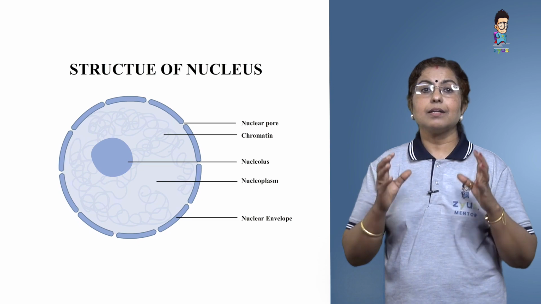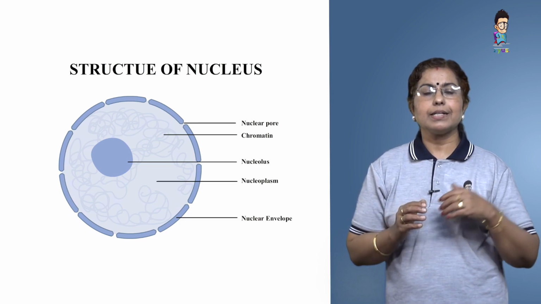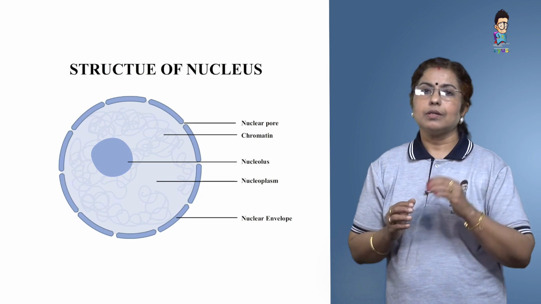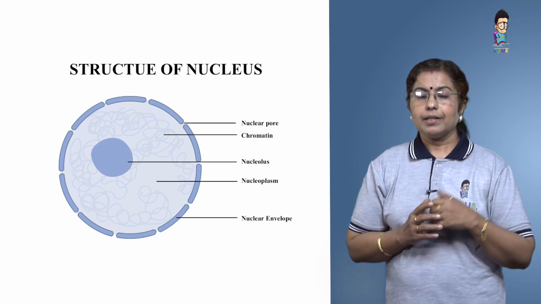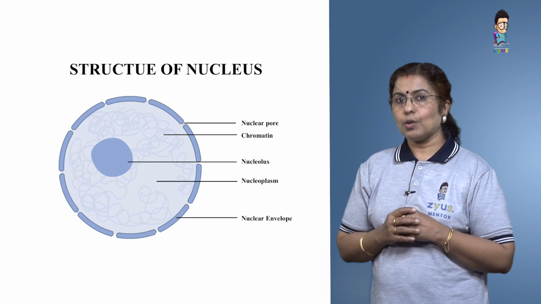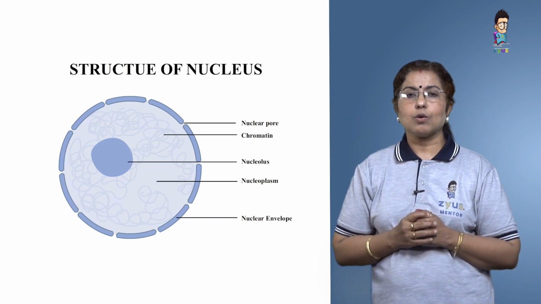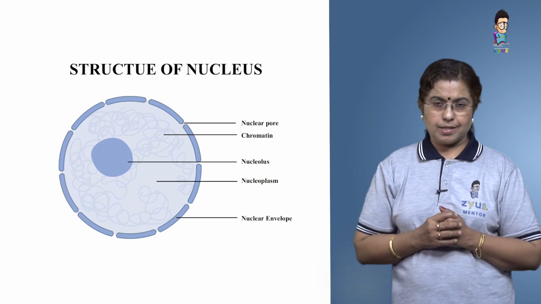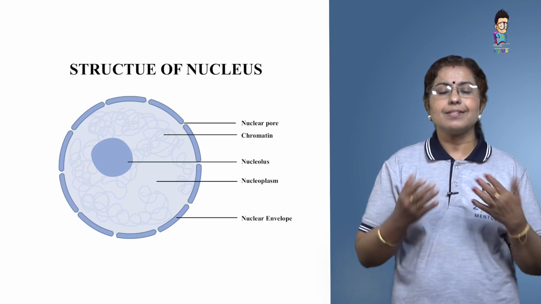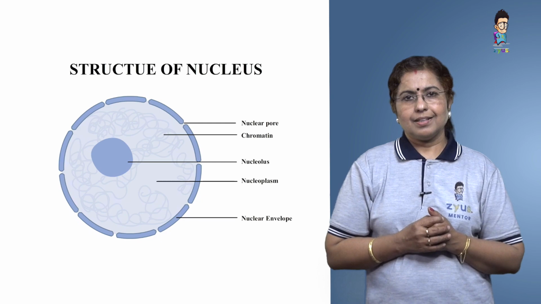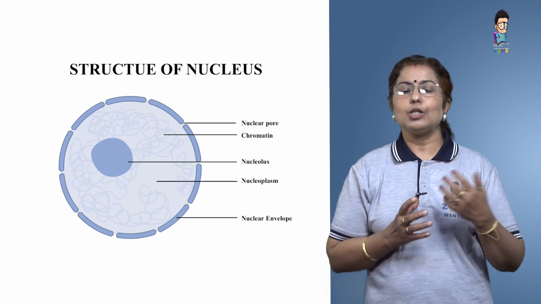So genes are the hereditary units which bring all the characters from parents to the children or the offspring. Okay. Then in addition to the chromosomes, there is a round stained body that is called the nucleolus. The nucleolus is important for protein synthesis. So these are the important parts seen in the nucleus.